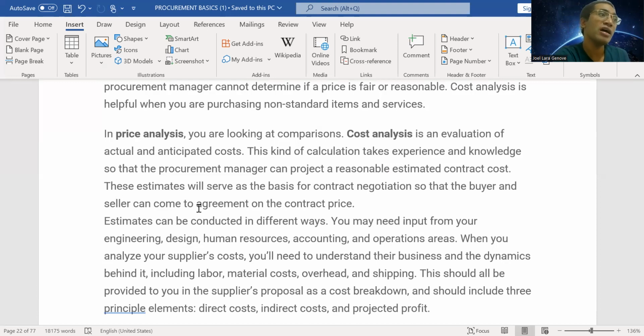However, Acer may be cheaper, but later on you'd have to purchase additional accessories and additional software. So that could be cost, like anticipated additional expenses. That is cost analysis. Price analysis is when you're just thinking about the actual price.